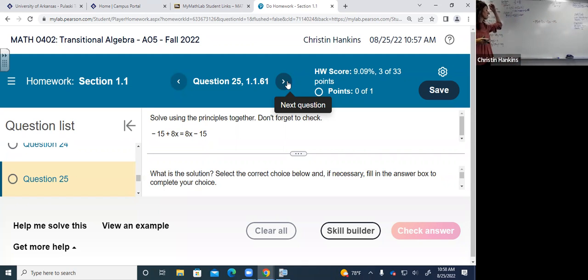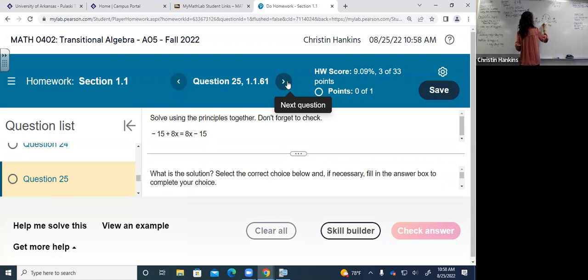So the first step: when I first saw these questions, in fact the first few times I taught them, I treated them just like a normal equation because it was not screaming at me that it had the same thing on both sides. So I'm still going to treat this like the one we just did, where I'm going to move the variable first.